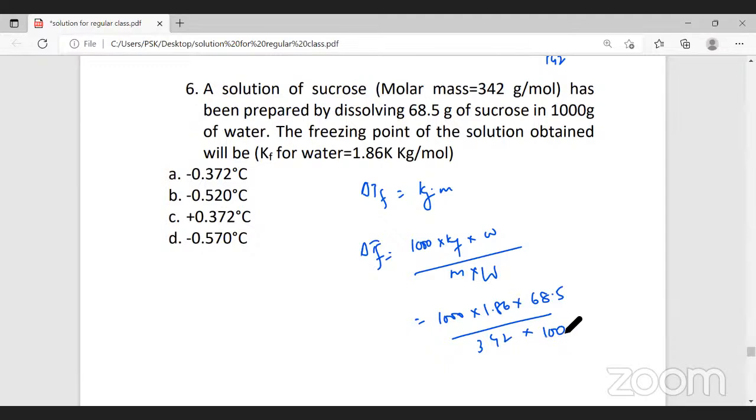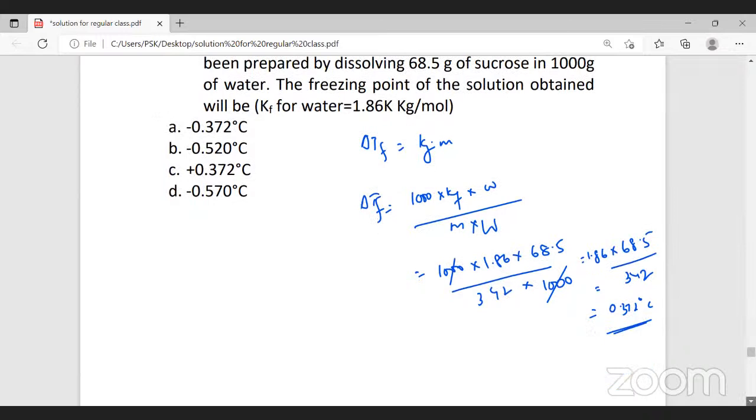On simplification, the 1000 will get cancelled. So you will have 1.86 into 68.5 divided by 342, which will be equal to 0.372 degrees. So delta TF is 0.372 degrees.